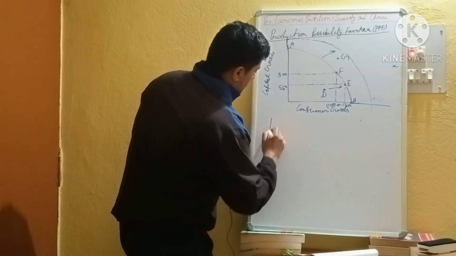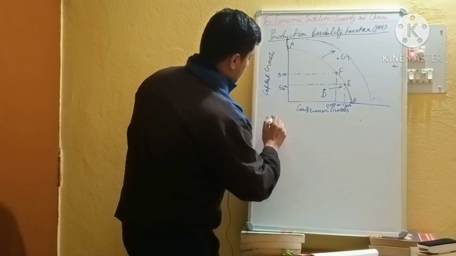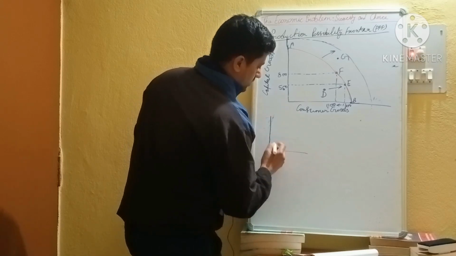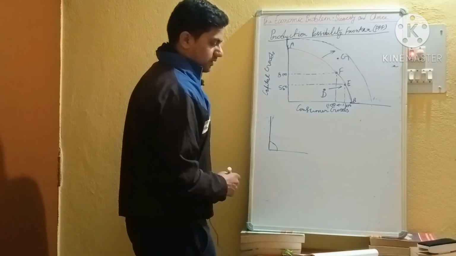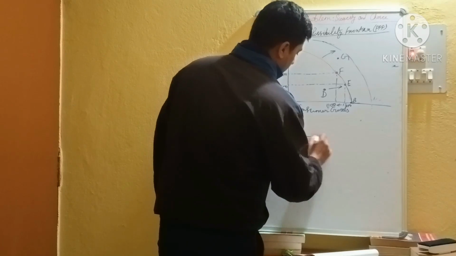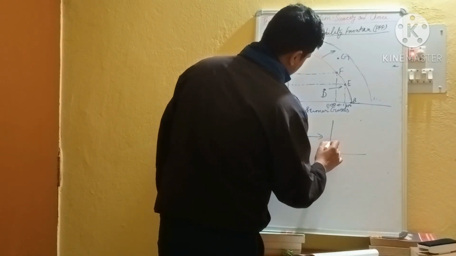So the first one here is a poor country, and here you have the production possibility frontier. Whenever there is economic growth, you have the expansion like this.